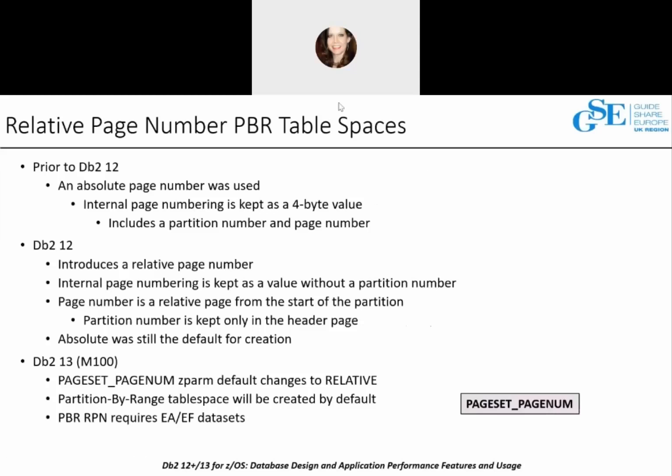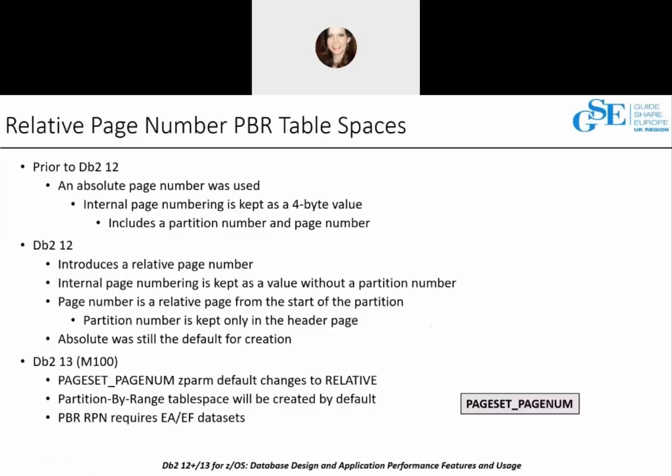you'll see that there is a new default setting for this, through the zparm PAGESET_PAGENUM. That allows relative page numbering to be used by default for the partition-by-range table spaces that are created.